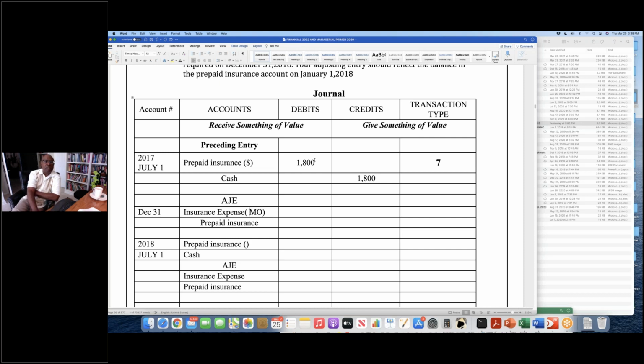Monthly now, 600. How many months is it? 6 months, right? Yeah. How much should you be paying? 100, I think. Now it's 1,800 divided by 12 is what?